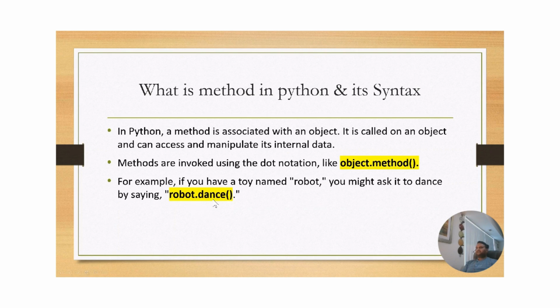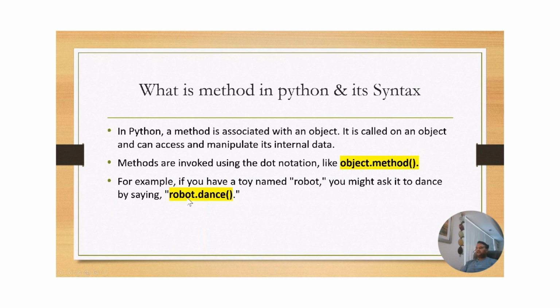So again, to repeat, a robot is an object of toy, whereas dance is the action. So dance can only be performed on an object which is associated with toy, right? Just to make it more clear, if you have an object called tree, and you do tree dot dance, it won't work, right?